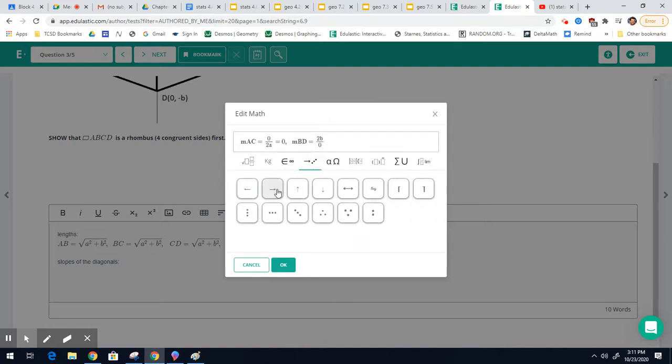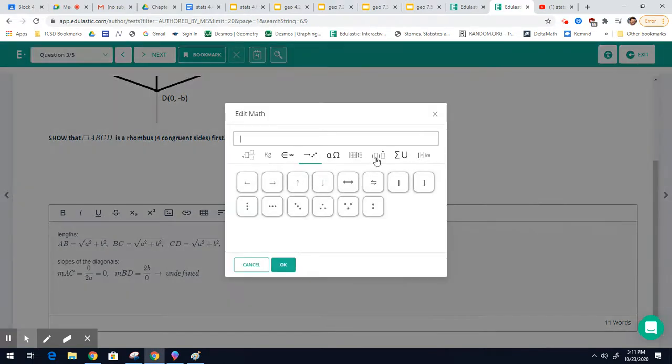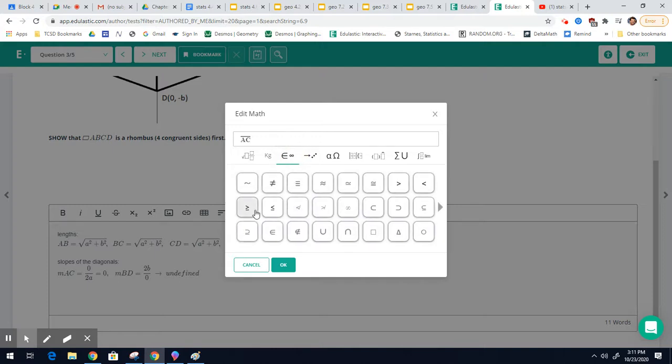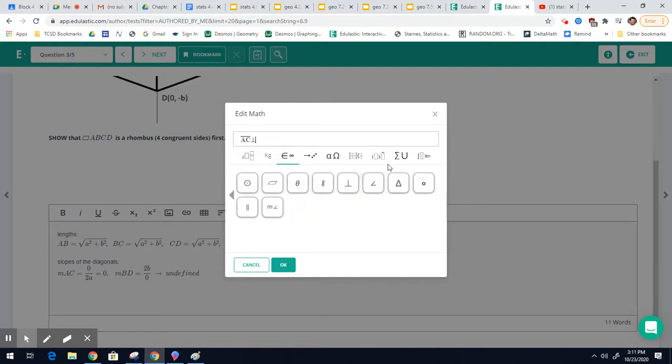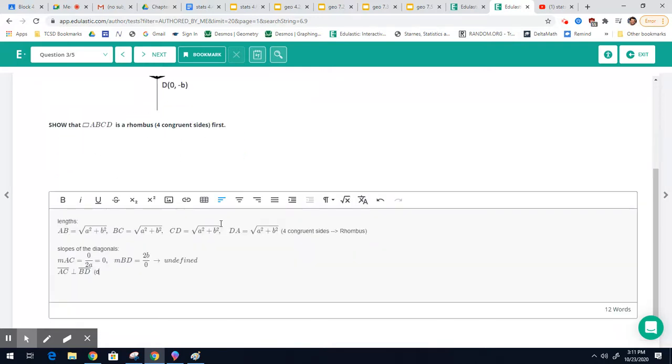And I'll draw an arrow. So this does mean that the diagonal, segment AC, is perpendicular to segment BD. And that is what you wanted to prove. The diagonals are perpendicular. Done. And there you go.